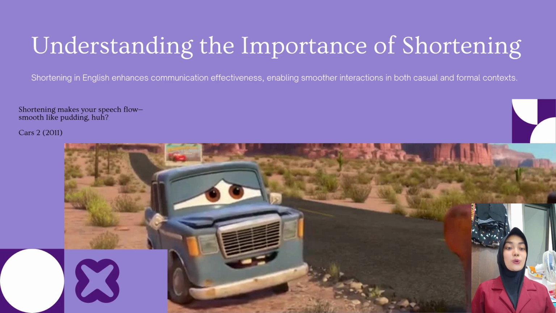Okay, so the summary is that phonological rules are essential for understanding the sound system of a language. Shortening is a common process that reduces long vowel sounds to short vowel sounds, and it helps make speech more natural and fluid.